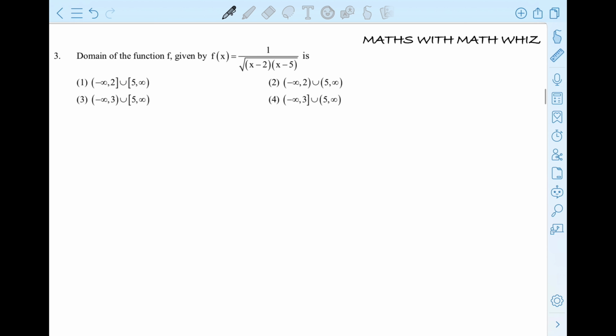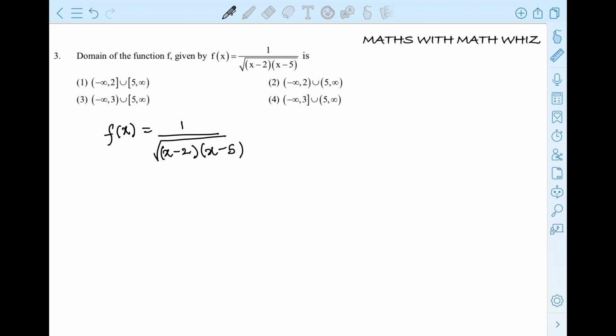So let me read out the next question first. We need to get the domain of the function given by f of x is equal to 1 by root of (x minus 2)(x minus 5). So first let us consider the function itself. The function is given as f of x is equal to 1 divided by root of (x minus 2)(x minus 5).